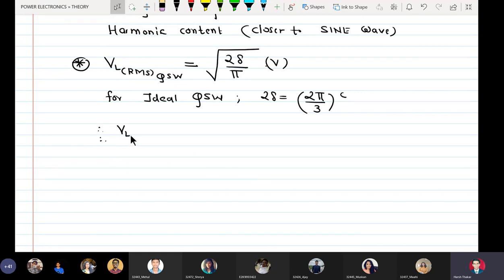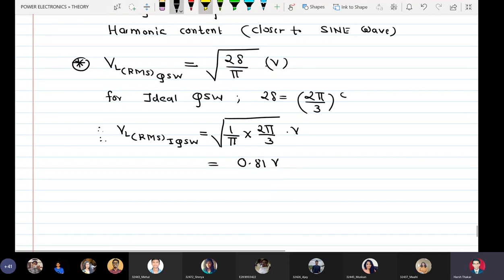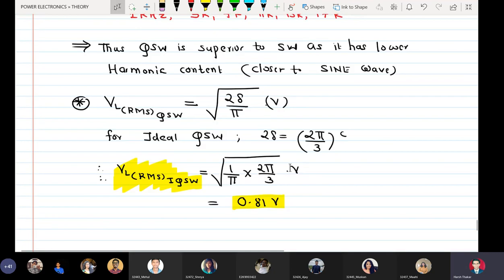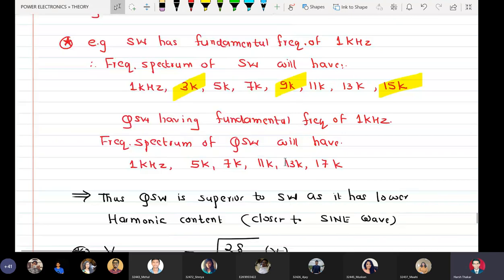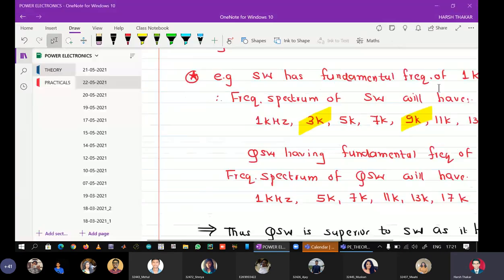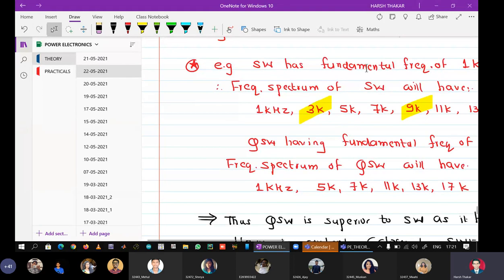Therefore, VL RMS of an ideal Cauchy square wave is equal to under root of 1 by pi times 2 pi by 3 into V, which comes out to be 0.81 times V. So the RMS value of ideal Cauchy square wave is 81% of V. So I covered most of what I intended today.